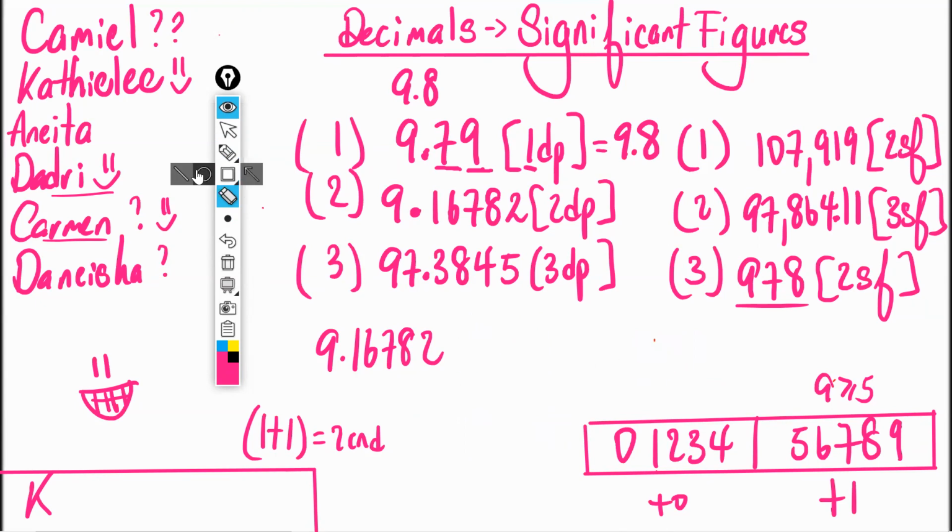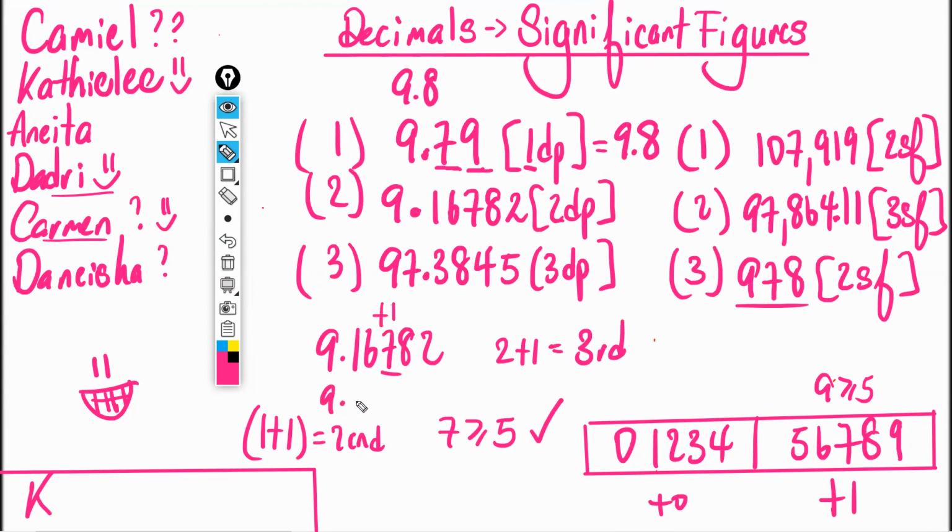So let's do number 2. I'm just going through them slowly to make sure we all understand. They wanted 2 decimal places, that's what 2 DP means. So we need to look at the 2 plus 1, which is the third place. The third place is a 7, and 7 is greater than or equal to 5. So we add a 1 to the number in front of it.